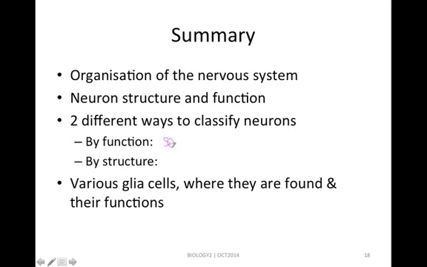So we have the sensory neuron, which transmits information towards the CNS. We have the motor neuron, which transmits information out of the CNS towards the effector organs, and the interneurons, which connect the sensory to the motor neurons.